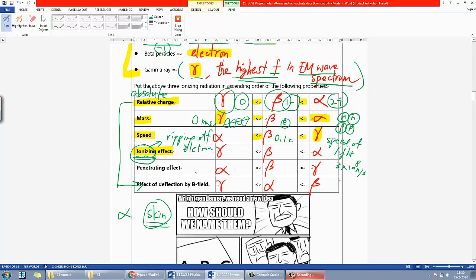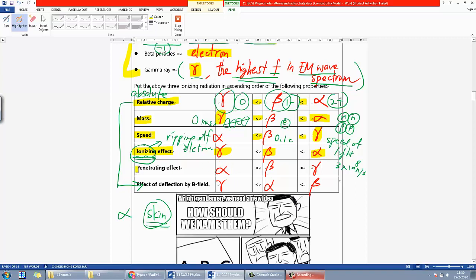People getting in will have their health in danger. So here alpha is the strongest, beta is the second, and gamma is the weakest. For gamma, if you receive some dose of gamma ray, it is actually okay.